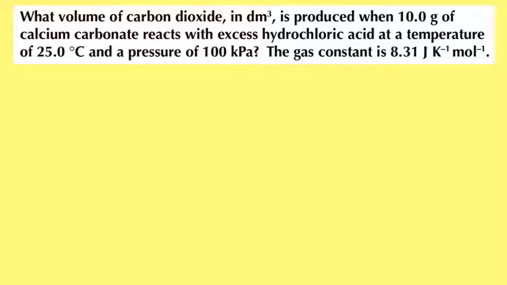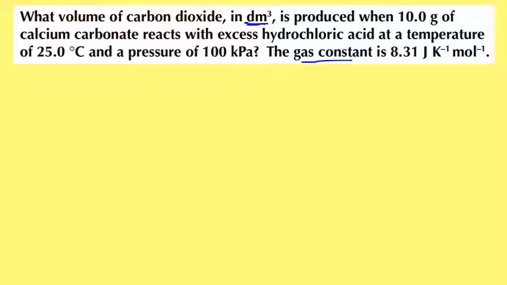The first thing that pops out is we're asked for the volume in decimeters cubed, and we're clearly going to have to use the ideal gas equation. Whenever they give you the gas constant, you know it's the ideal gas equation you're going to be using. And you'll know that the ideal gas equation uses meters cubed, so at the end we're going to have to translate the meters cubed volume into decimeters cubed.